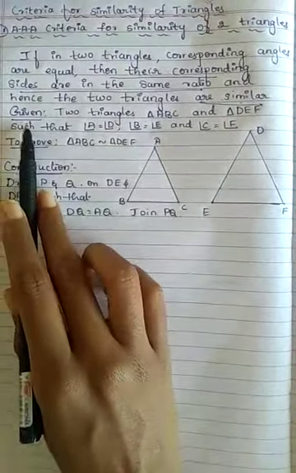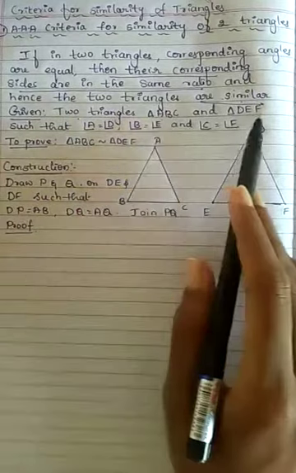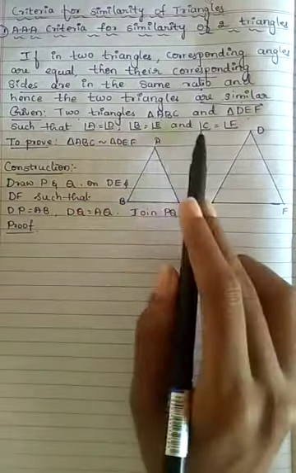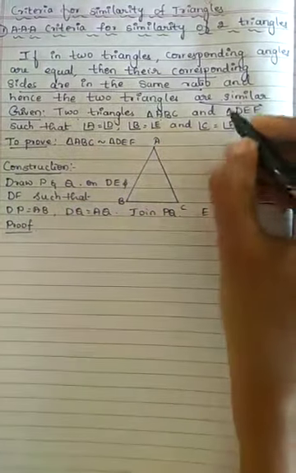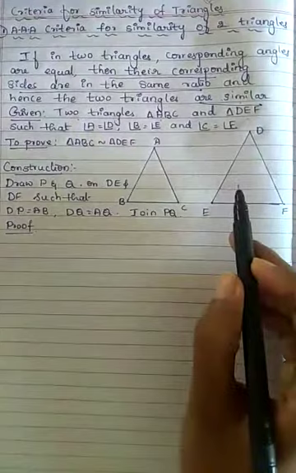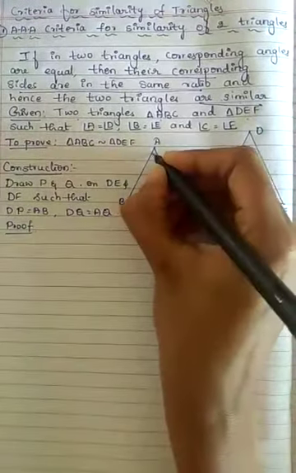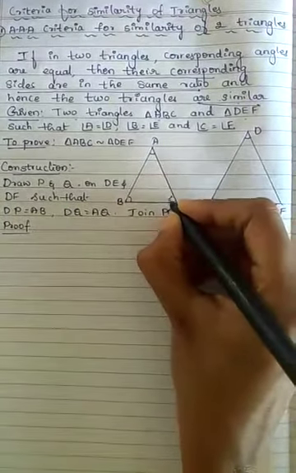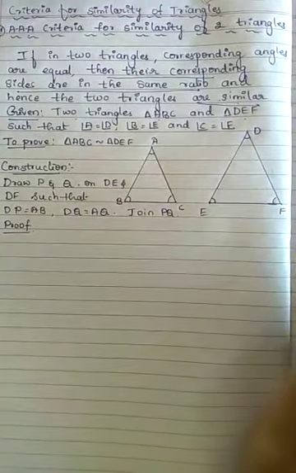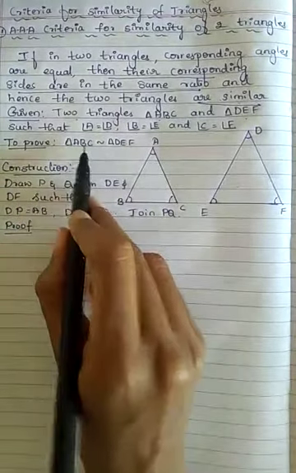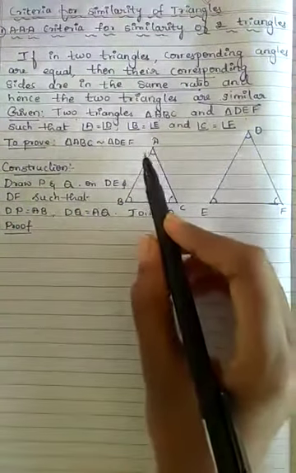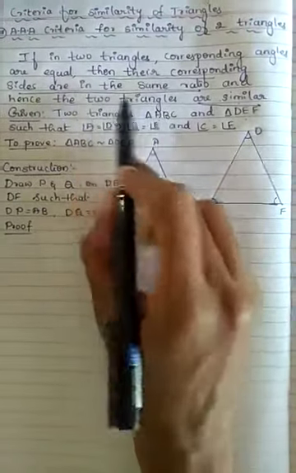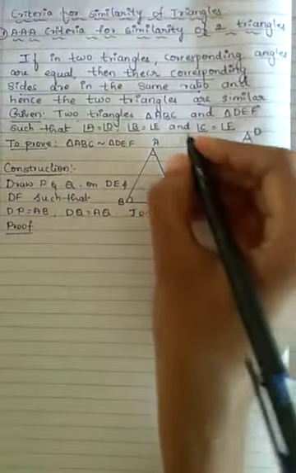So what is given? Given two triangles ABC and DEF such that angle A is equal to D, B is equal to E and C is equal to F. Correct? So what you have to prove? You have to prove these two triangles are similar when corresponding angles are equal. Before that, if we prove their corresponding sides are in the same ratio, then we can say they are similar.